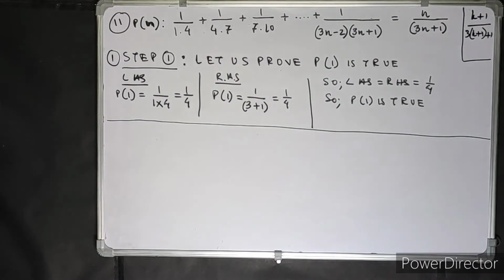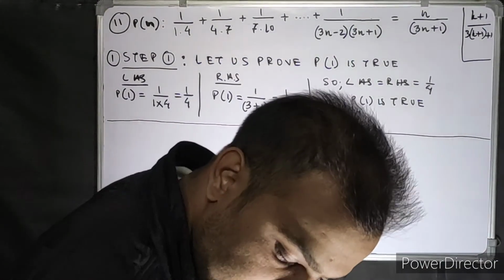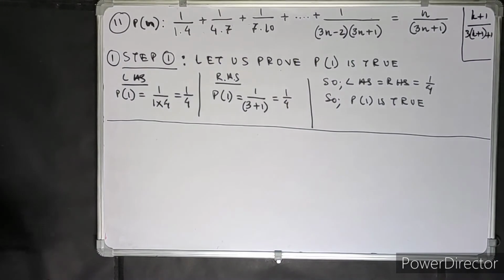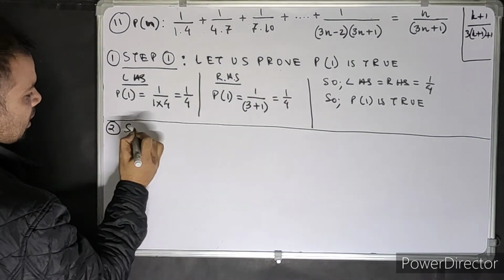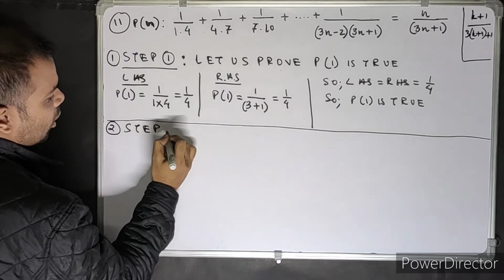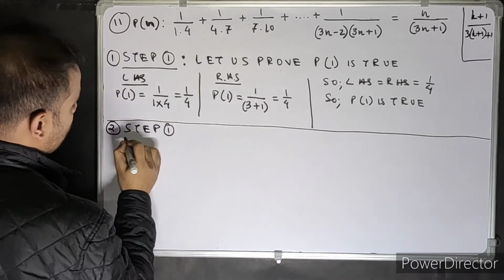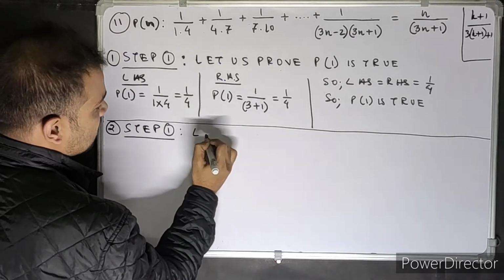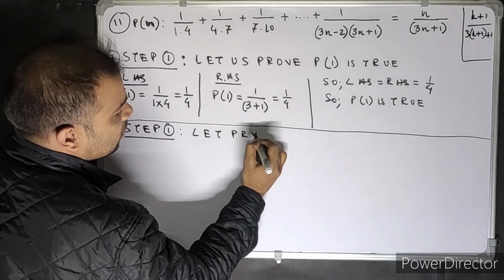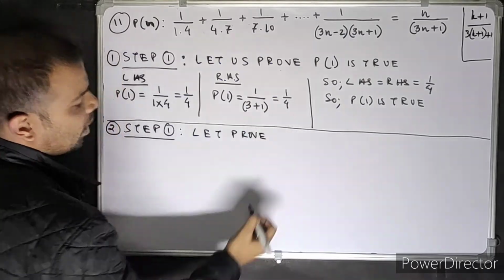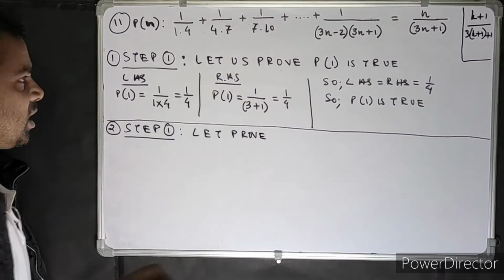What is my second step, students? My second step is the inductive hypothesis, step 2, to prove that P of k is true. Let us assume.